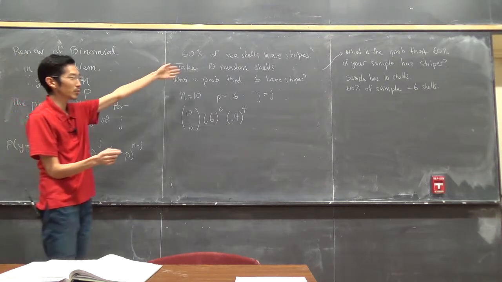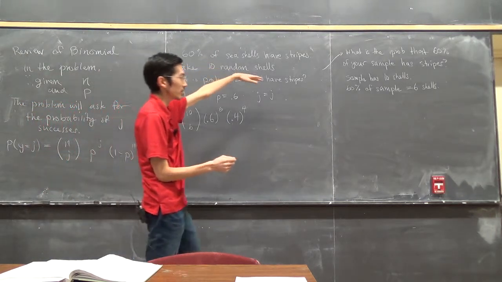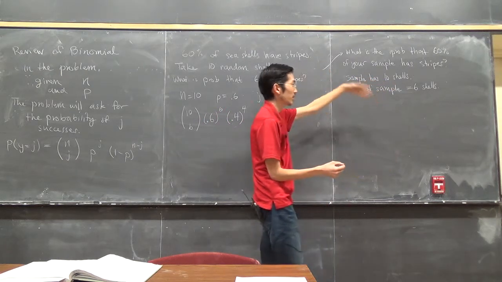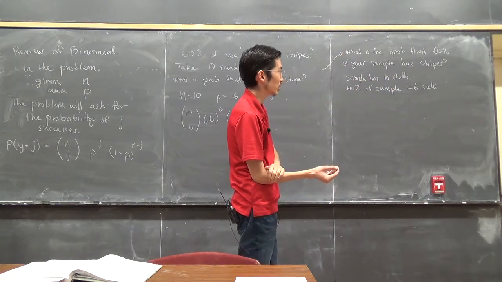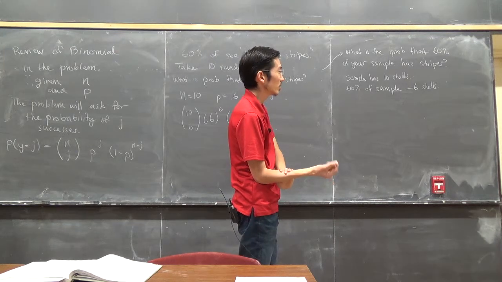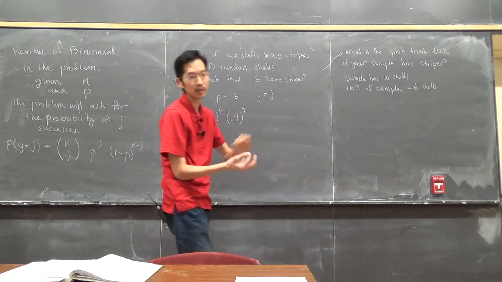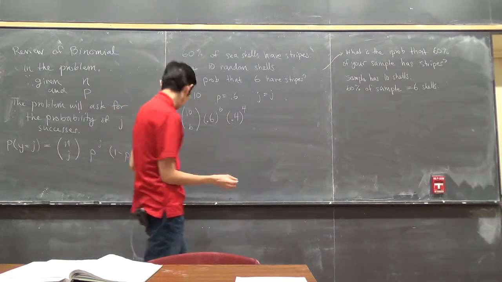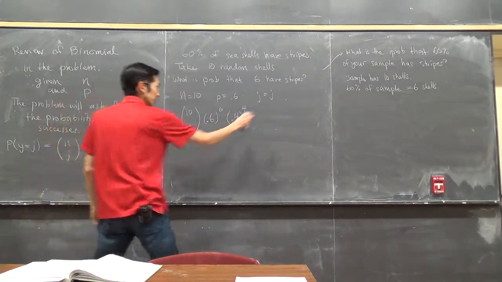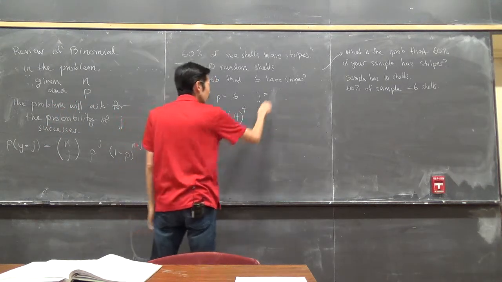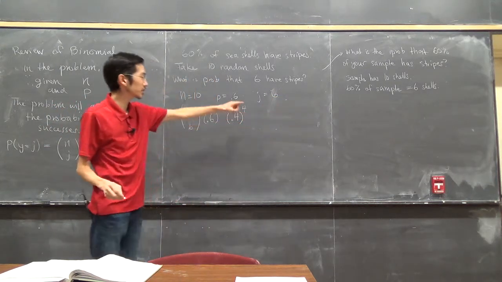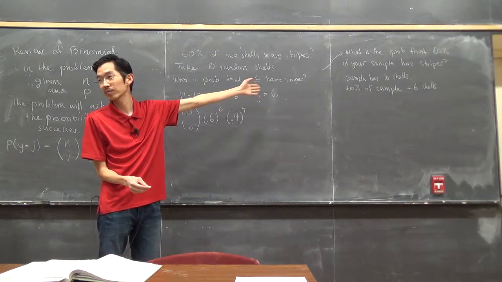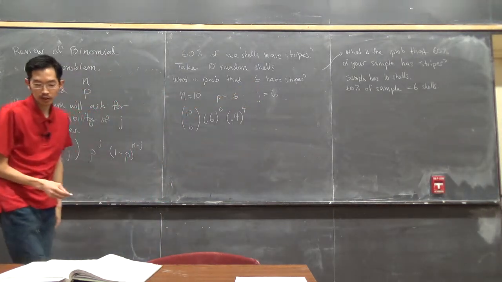Well, you look at how many shells are in your sample. Your sample has 10 shells. So to have 50% of your sample be striped, that would be 5 shells. All it's doing is changing j from a count into a percentage.